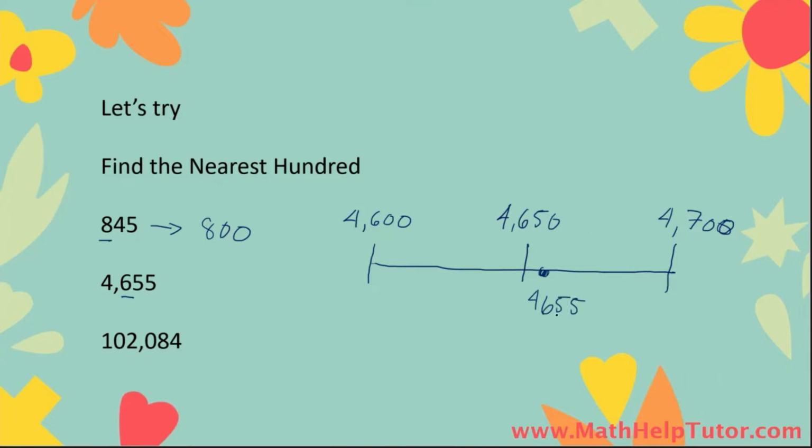Since our number is more than 4,650, or comes after 4,650, we know that our number is nearer to 4,700 than it is to 4,600. So the answer to the nearest hundred for our number is 4,700.